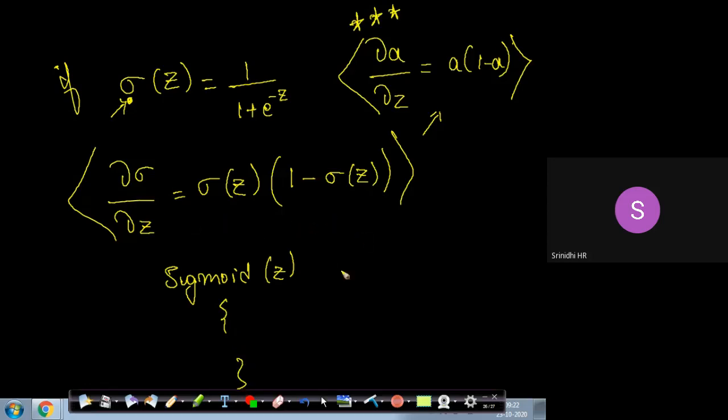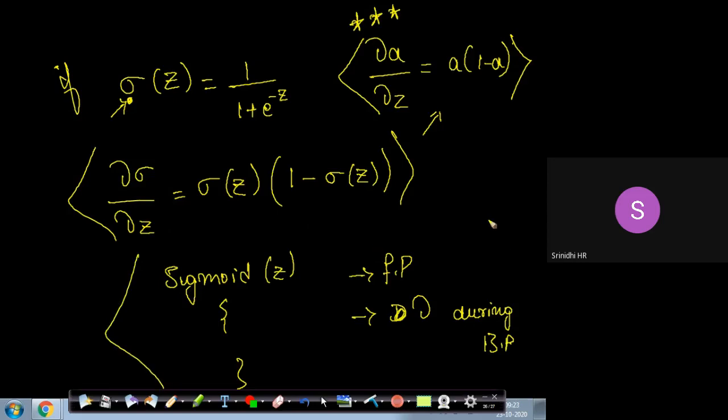It can be used in forward propagation also, and also to find the derivatives during back propagation. Okay, please remember this. Where do we use this sigmoid function? It's very important.